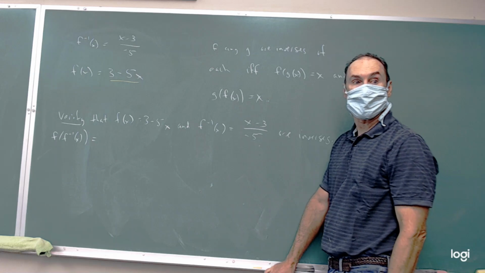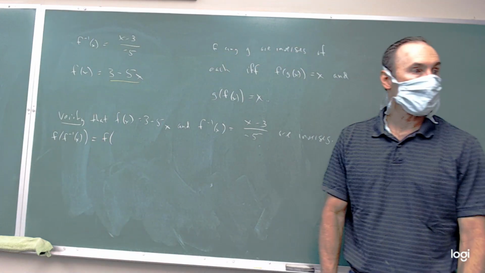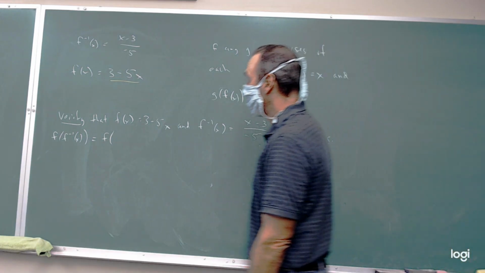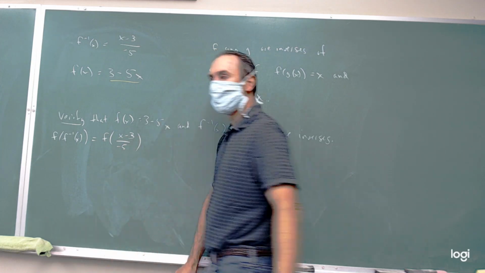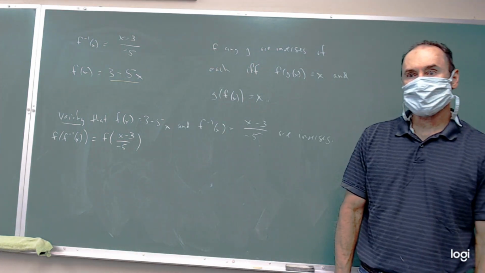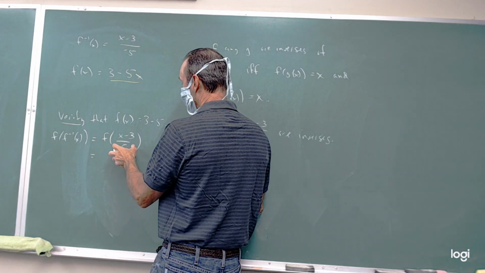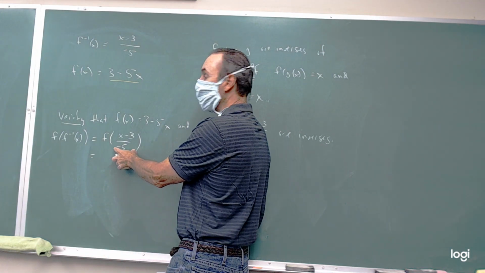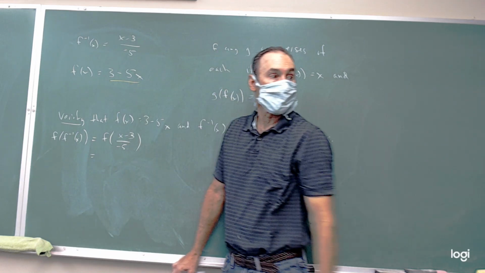You with me? So that means I'm going to take f of, well now I'm going to plug in what we have called the inverse. So that's going to be x minus 3 over negative 5. You with me? Okay, so then now we'll plug all this stuff in. This x minus 3 over negative 5 is going into the function f in place of x.